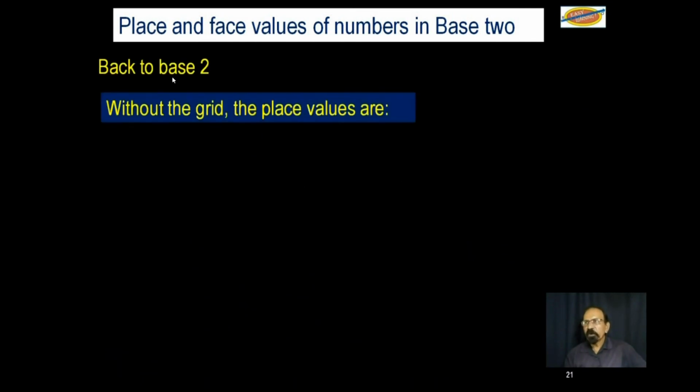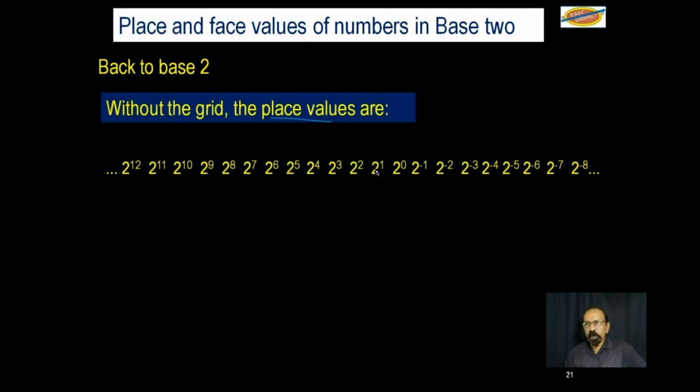Back to base 2, this time without a grid, we will just write in the place values. So this is what it looks like. Notice here, 2 to the 0, you go that way, you increase the index by 1 every time you step over to the next place, and over here, you decrease it by 1.